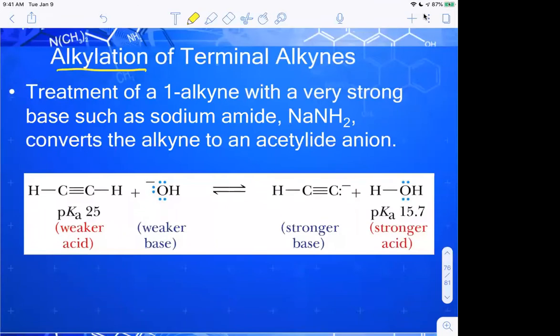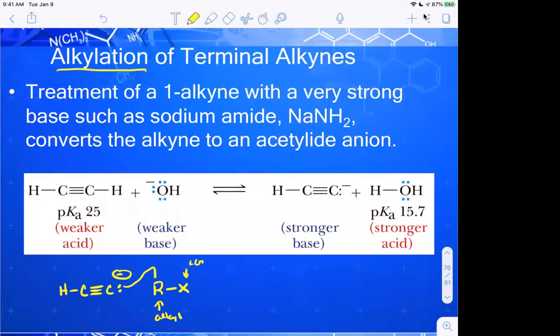So if I think about how I want to do this, the net result is I want to form this carbanion. And then I'm going to have something. This is some alkyl group. And then this is some leaving group.